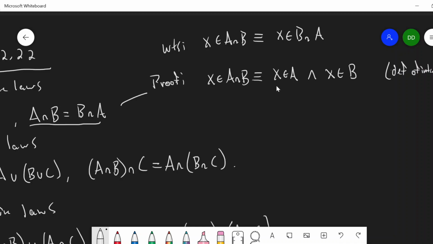Now I know I can flip the order of these because we already established using truth tables the commutative law of conjunction. So this is equivalent to X is in B and X is in A. So that's the commutative law of conjunction.